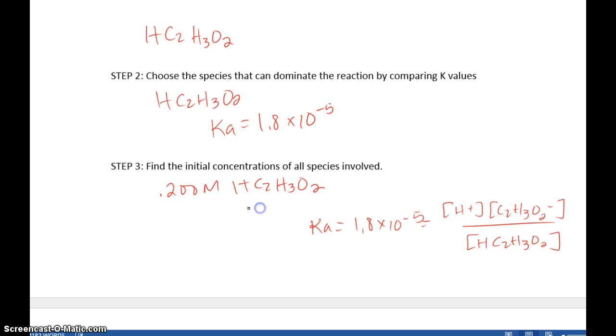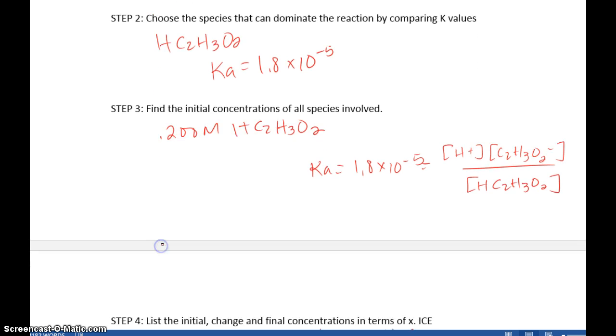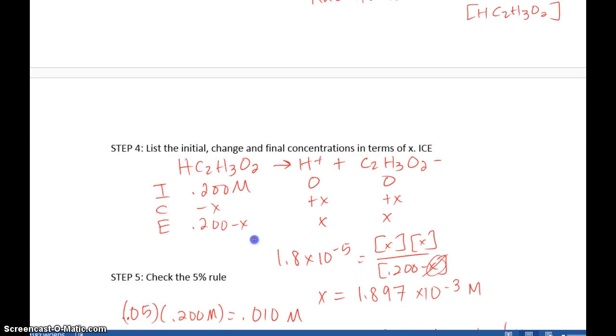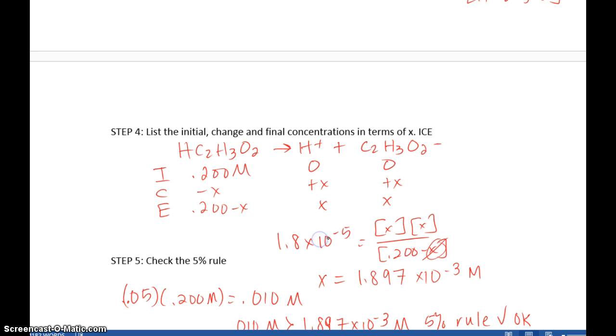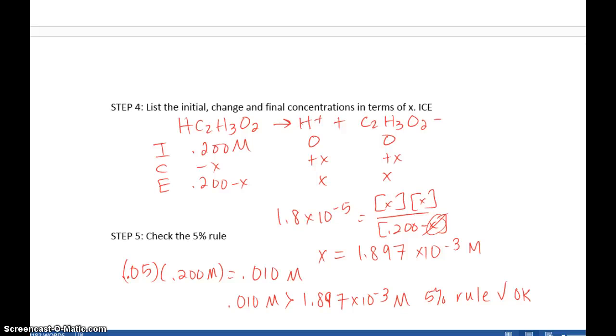Those are my initial concentrations. That is 0. We're going to shift always towards our 0. And then we have to go ahead and solve the problem, which I didn't really give you a good space to do. But we can go ahead and solve it right here.